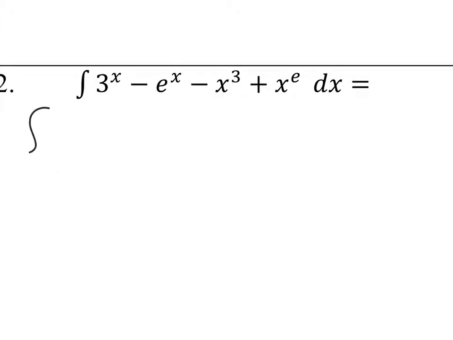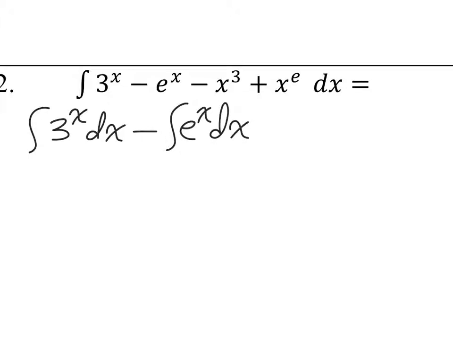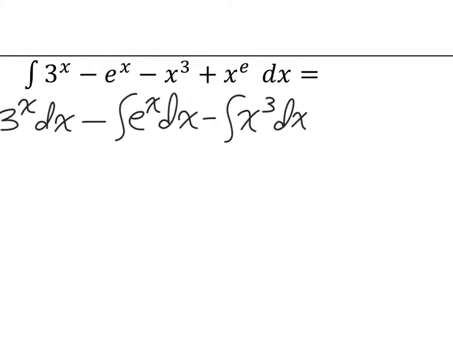So this is the same as saying the integral or antiderivative of 3 to the x dx minus the antiderivative of e to the x dx minus the antiderivative of x cubed dx plus the antiderivative of x to the e dx.